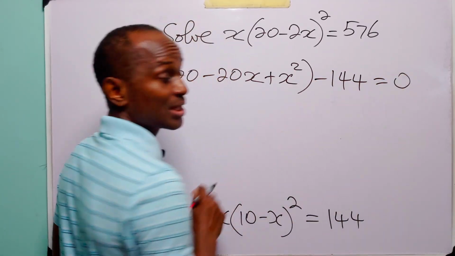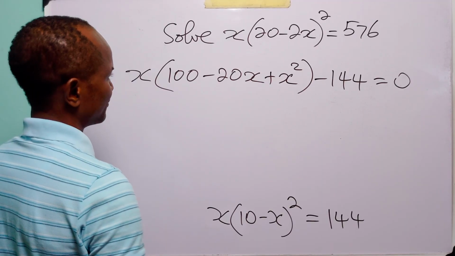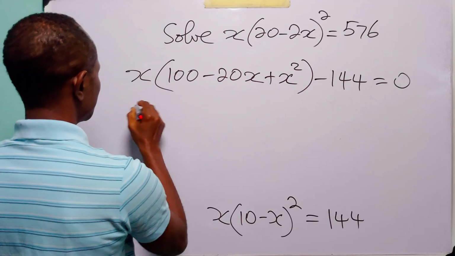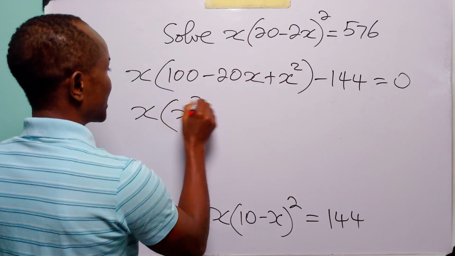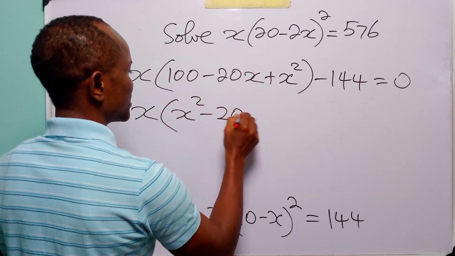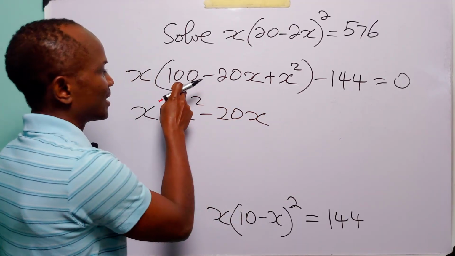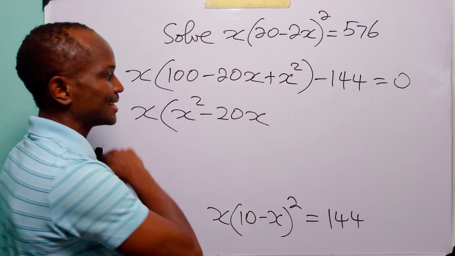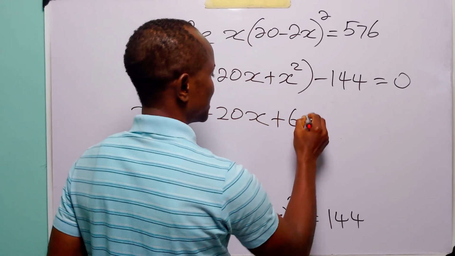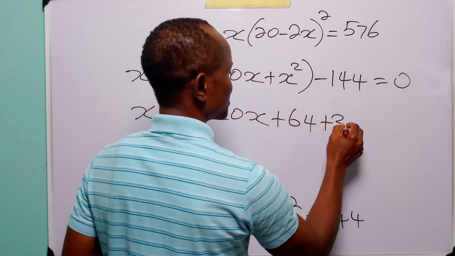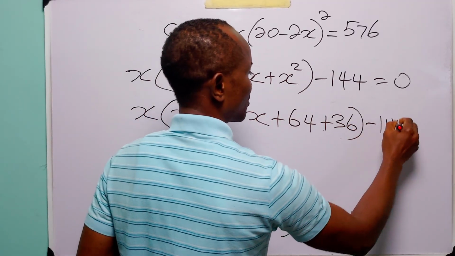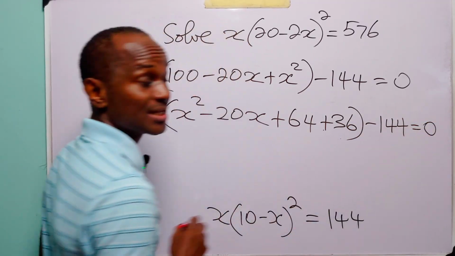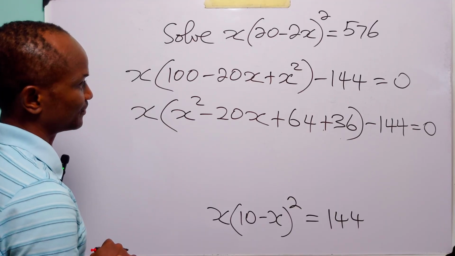And now everything is equal to 0. Let us rearrange this. We have x into x squared minus 20x. Now let us break 100 down into 64 plus 36. We have minus 144 and everything is equal to 0.